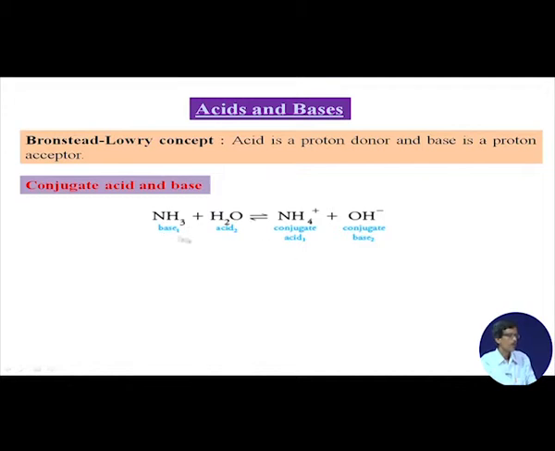So, base 1 gives rise to the corresponding conjugate acid 1, and similarly acid 2 gives rise to the corresponding base 2. The subscripts written below base and acid are of one type, so these two are related, 1 related and 2 related, in terms of the proton transfer reaction.